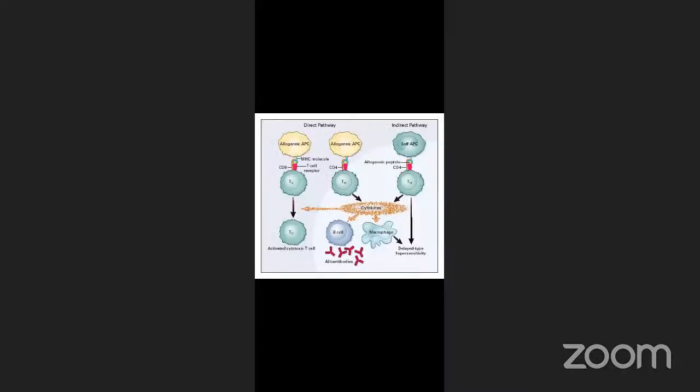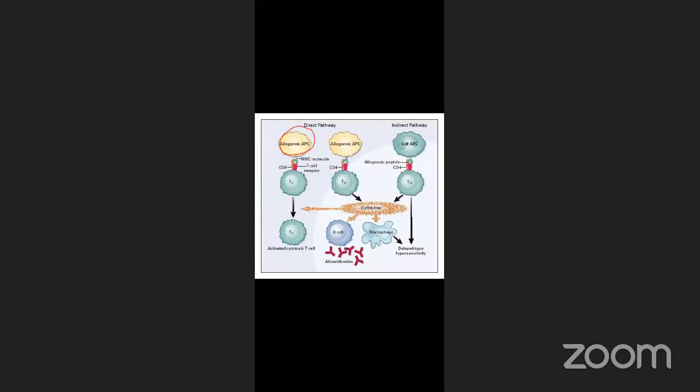Whenever our body encounters foreign particles, our antigen presenting cell presents the antigens with the help of MHC molecules. When the MHC molecule is presented on the surface, that is the signal for T cell attraction.